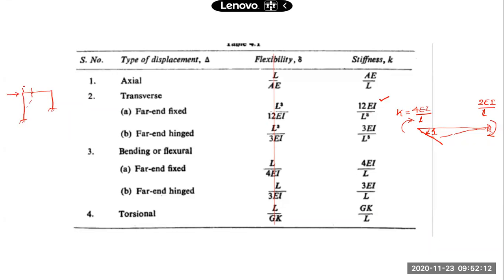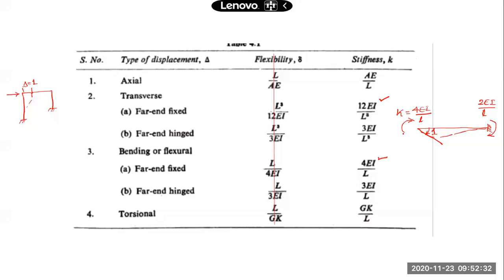This delta is 1 unit. So what is the force required? It will be 12 EI by L cube for this member plus 12 EI by L cube for this member. So it is given by this expression 12 EI by L cube. And bending or flexural stiffness is given by 4 EI by L.